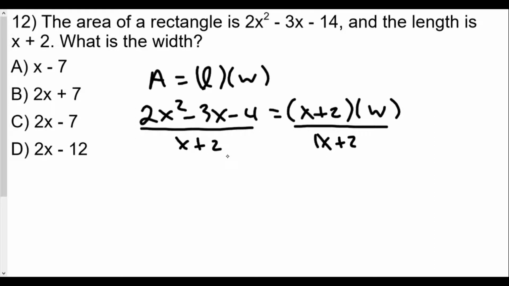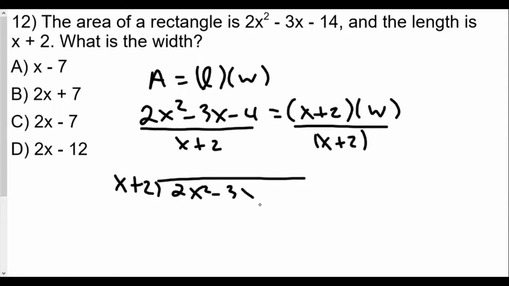Now, what happens here is that we can do long division or even synthetic division, or you can just factor the numerator. But to do a quick review of our long division, we have x plus 2 dividing into 2x squared minus 3x minus 14. And so x goes into 2x squared 2x times.